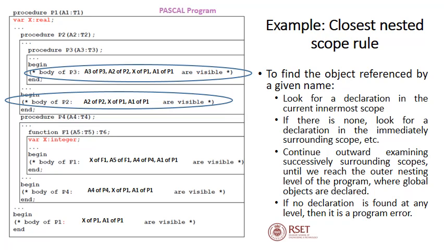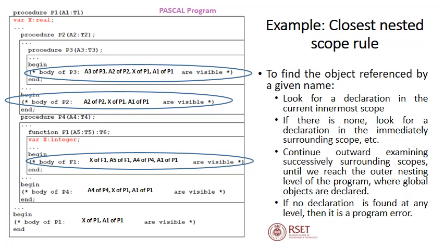Similarly, you can see for procedure P4, which is nested within P1. Within P4 the procedure F1 is nested, and in the body of the nested function F1, we can see X of F1.